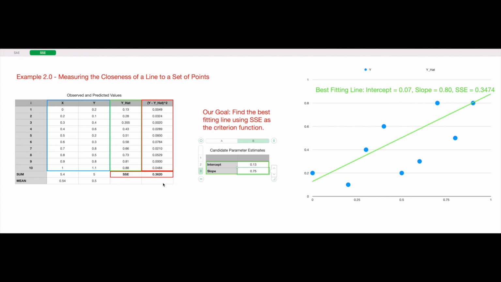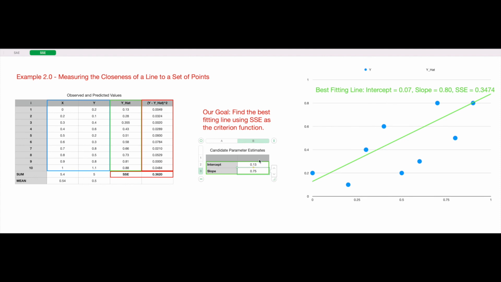The sum of squared errors for that line is 0.3620, which is greater than the minimum possible value of SSE, which was 0.3474, which was obtained when the intercept was 0.07 and the slope was 0.8. And so we see that the best SAE line does not minimize the SSE criterion function, and we would not expect it to.